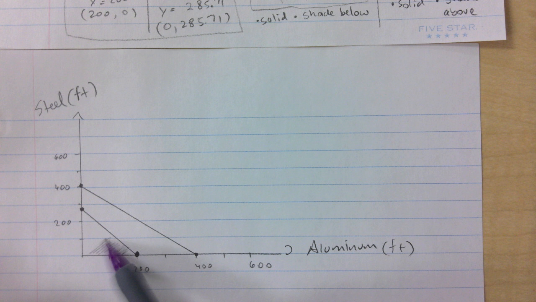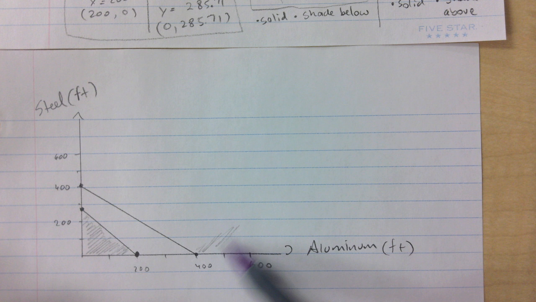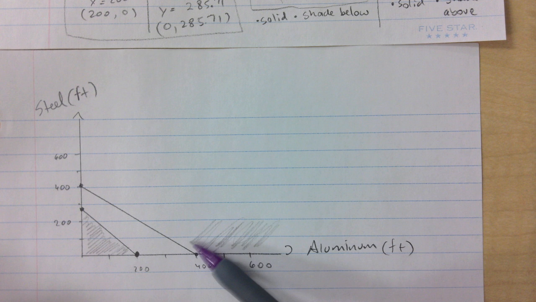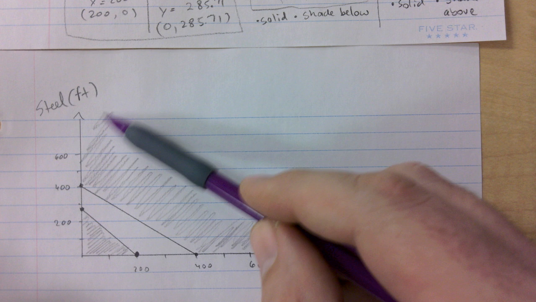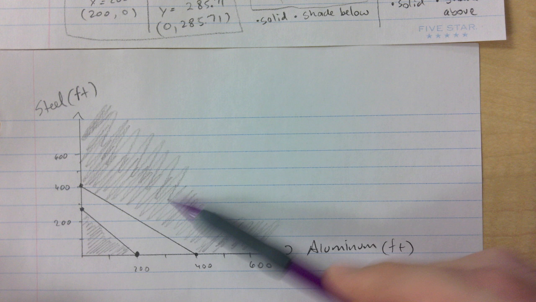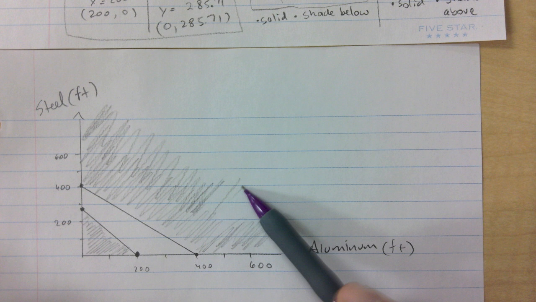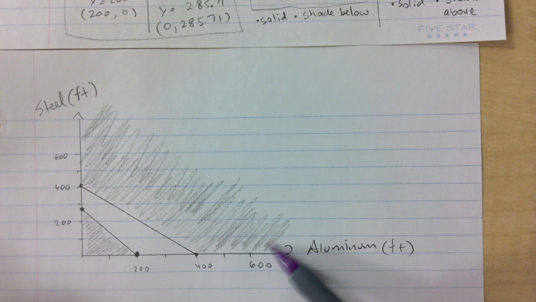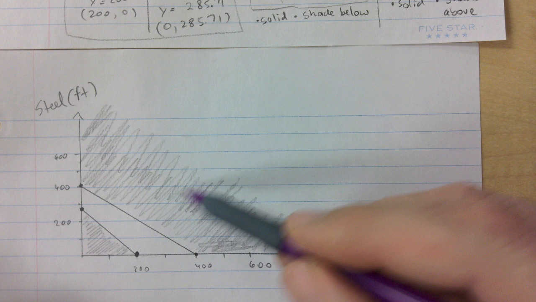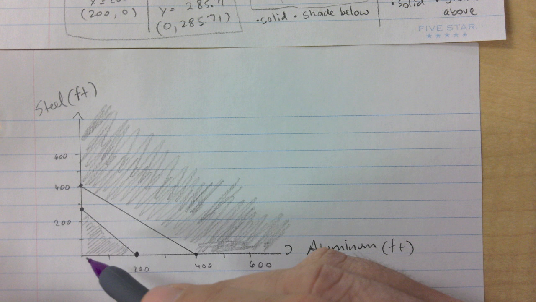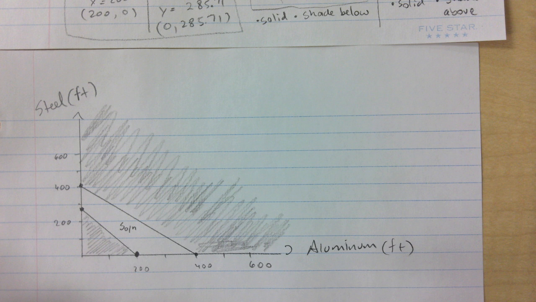Second line, it says shade above. So it's everything shading above. Okay. So it's everything above that line, everything below this line. So my solution is here. Look at that, right? It's different than what we've seen so far.